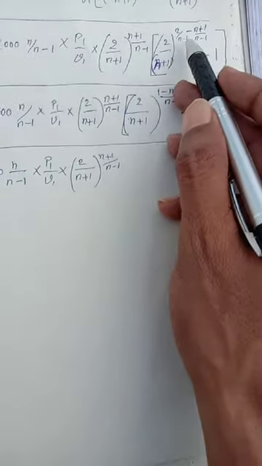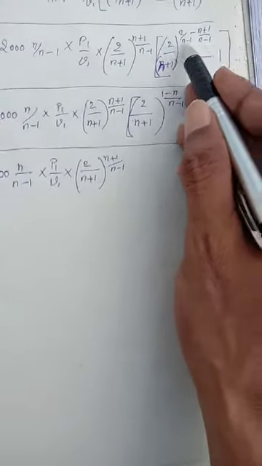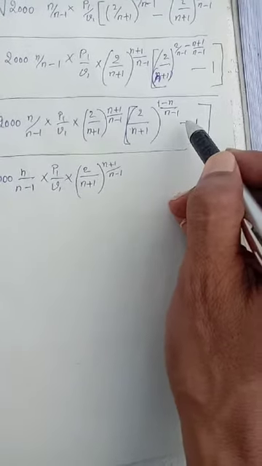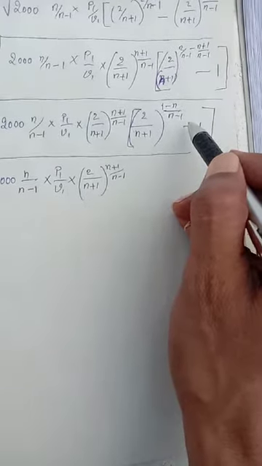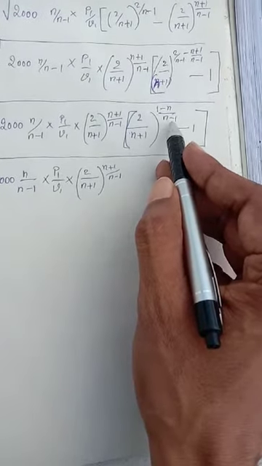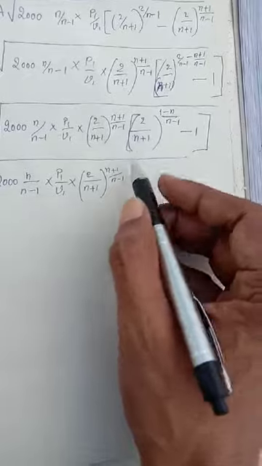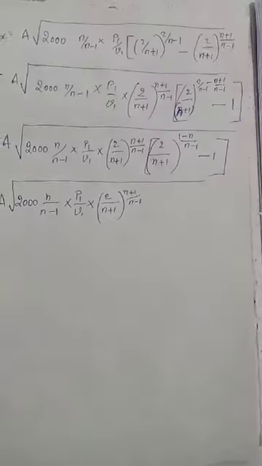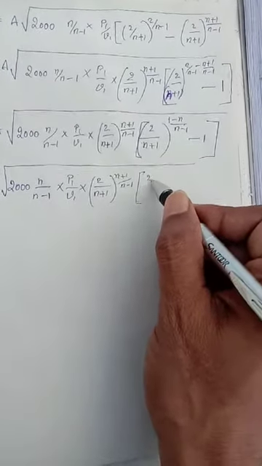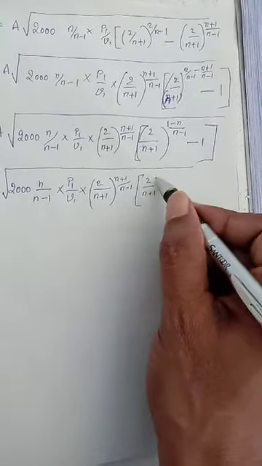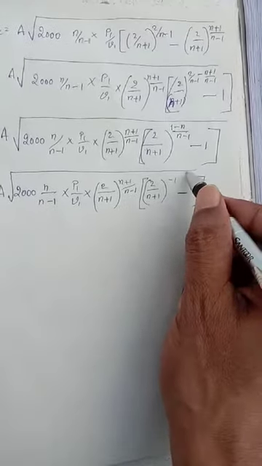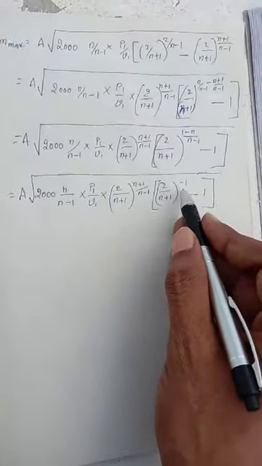So now here we take an LCM, we'll get this answer: 1 minus n by n minus 1. Okay, and now here we can solve this one, take LCM for this n minus 1, we will get this answer: 2 by n plus 1 minus 1. Okay, so now you solve this one, you'll get minus 1 in here.